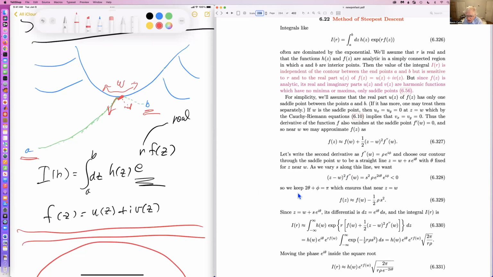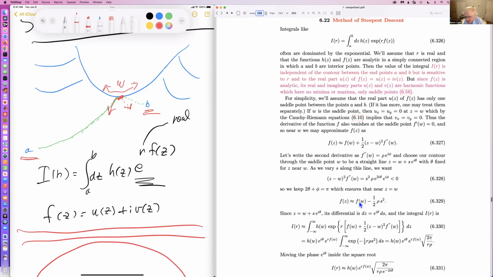And so what we do is we keep this angle here, 2 theta plus phi, equal to pi. So this is e to the I pi, which is -1. And so then it's negative.